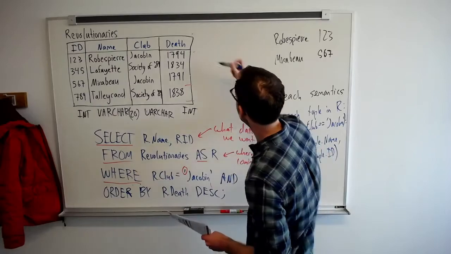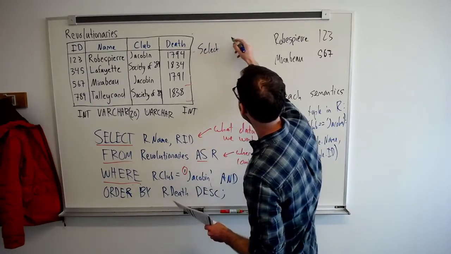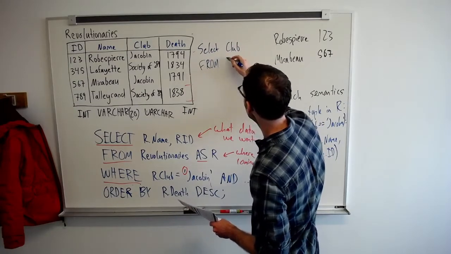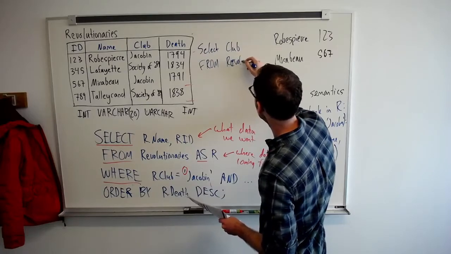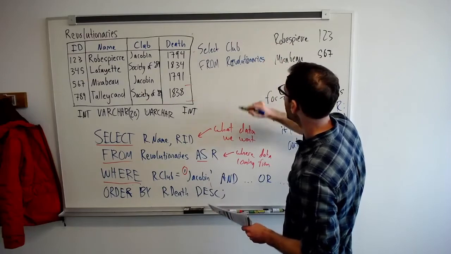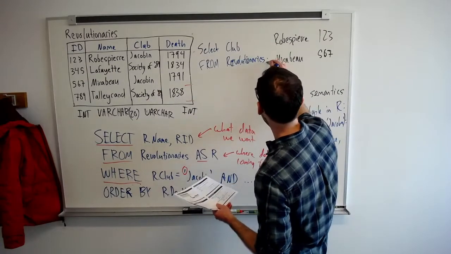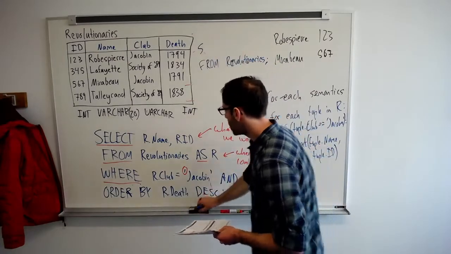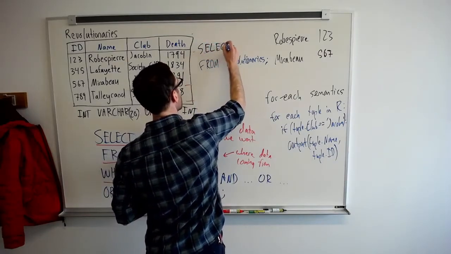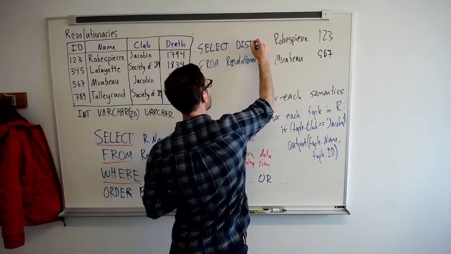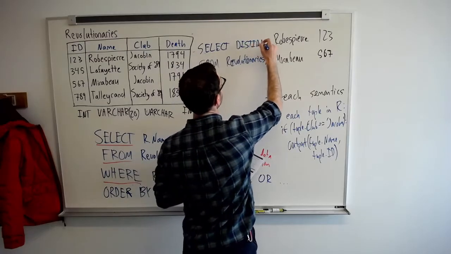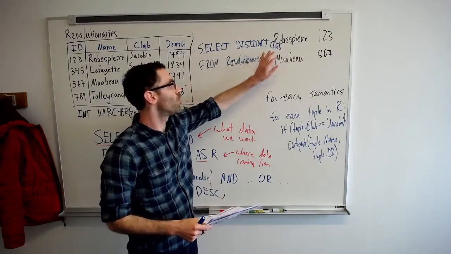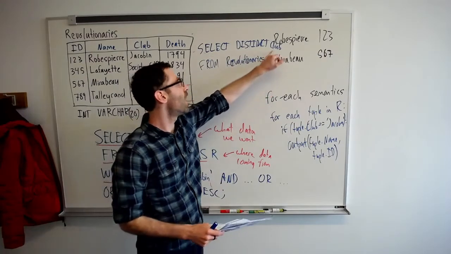We could say select club from revolutionaries, and instead of select club, if we said select distinct club, then it would output just unique values of club.